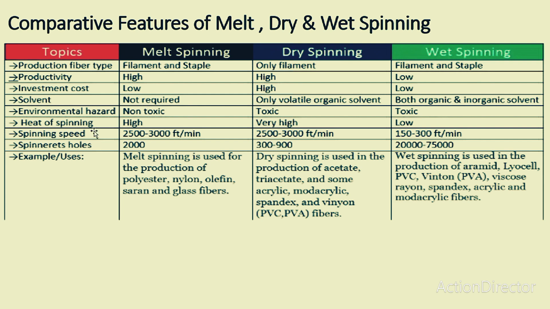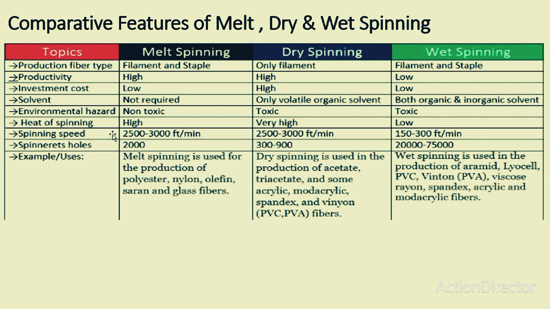Heat of spinning: every process has temperature or heat. In the case of melt spinning, heat is high, dry spinning very high, and wet spinning low.